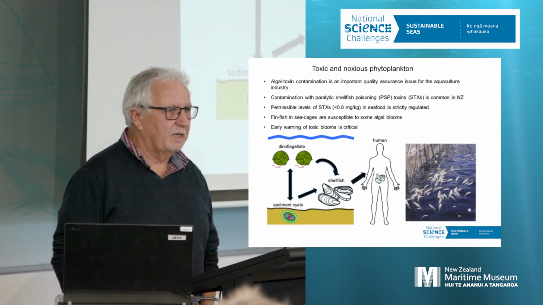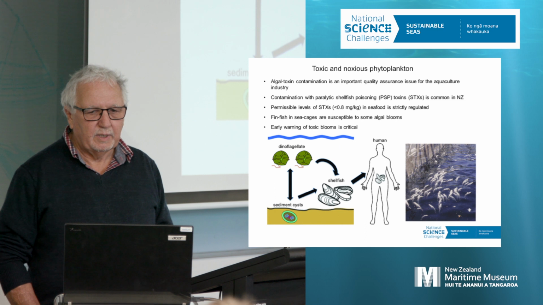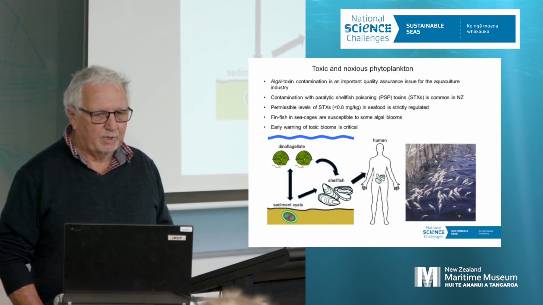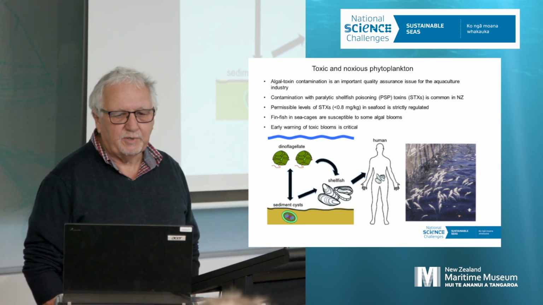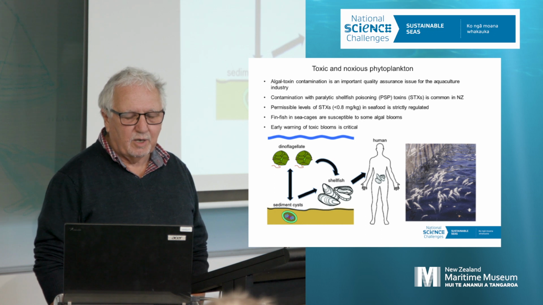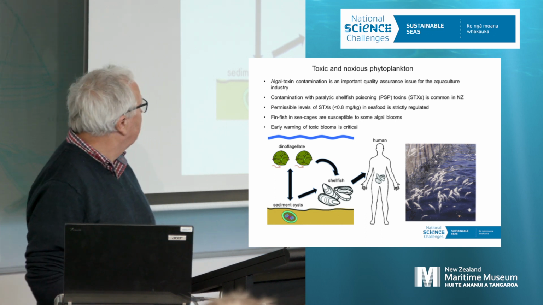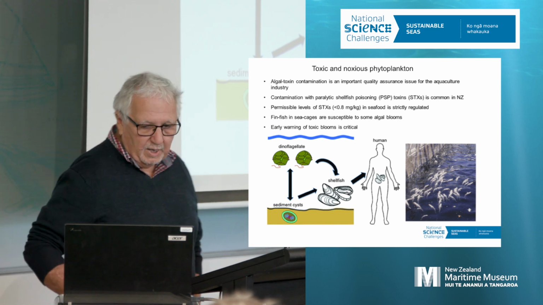And woe betide the mussel industry, where they export any product overseas and over the limit, it would be extremely serious for the future of the industry. So a lot of our time is spent trying to advise the industry on how to avoid these problems.